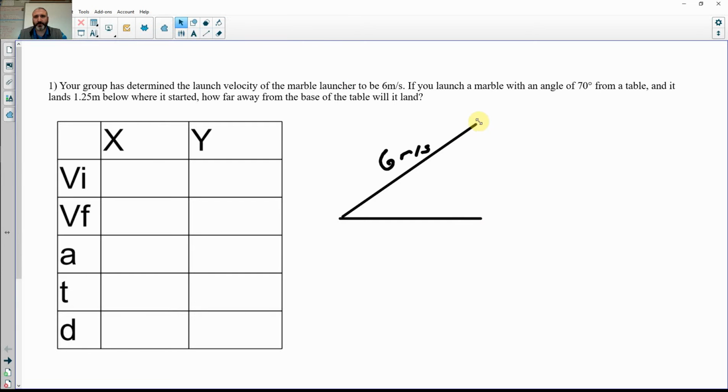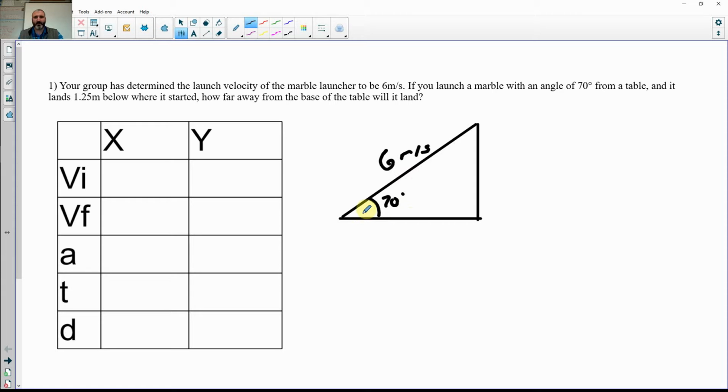And the angle that we have is 70 degrees from the table. So this is typically where we're going to be putting the angle.